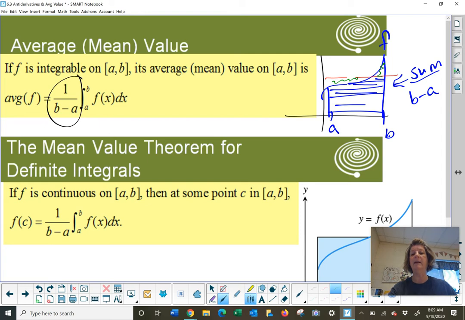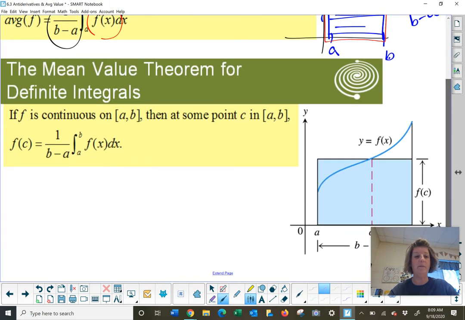So this would be considered the average value of the function, that height, where I get the same area if I multiplied b minus a times this average height, then I would get the exact area under f of x. So that is an average value function. You can kind of see that picture down below.